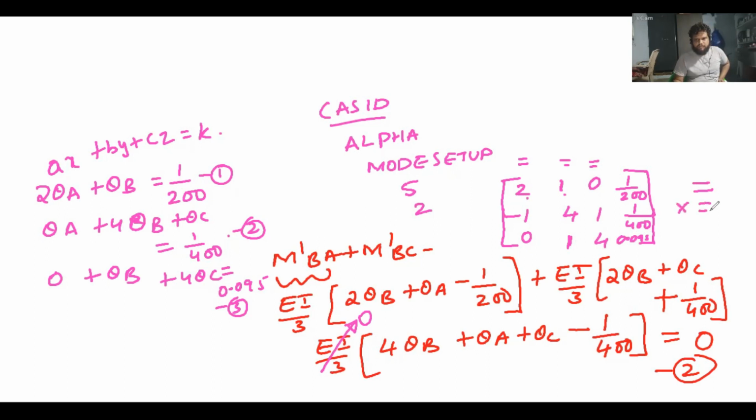After entering this, press equal to. It will show x equal to, y equal to, z equal to. If you press equal to, it will show all these values. Here x is with respect to theta A, y with respect to theta B, and z with respect to theta C. So from this you get all the theta values. Now I am clearing all my drawings.